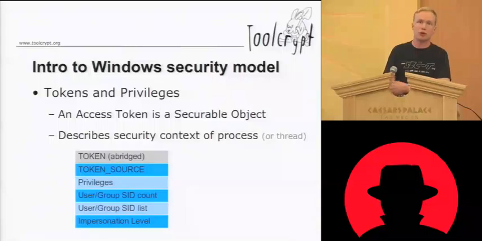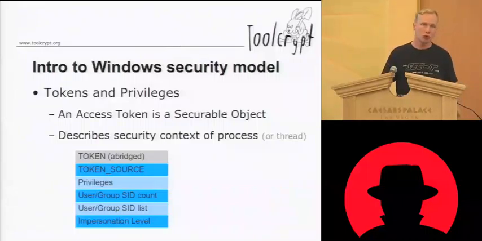For example, if you're writing server software and you have users connect, you'd really like to have access control being taken care of by the system and not having to keep track of access to, for example, all files in a directory structure. So you'd much rather offload that to Windows.